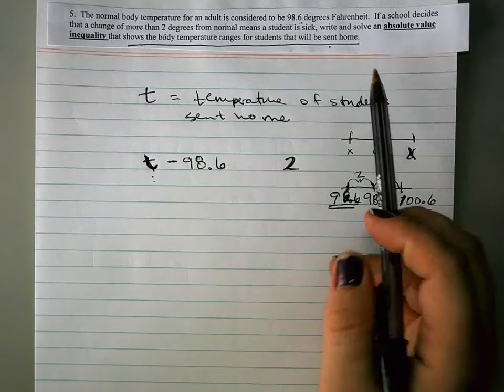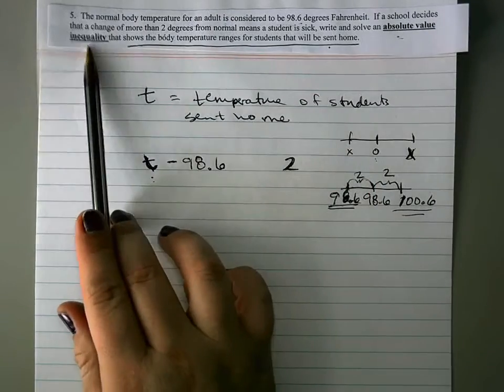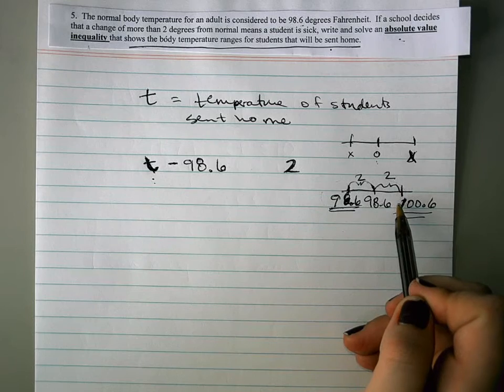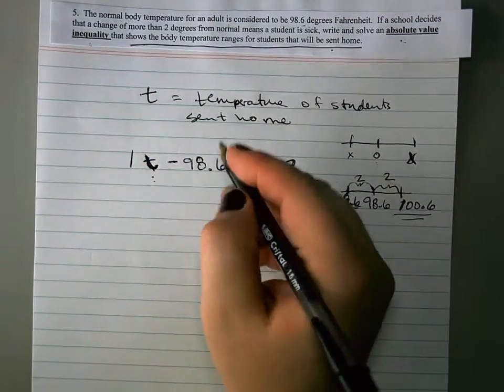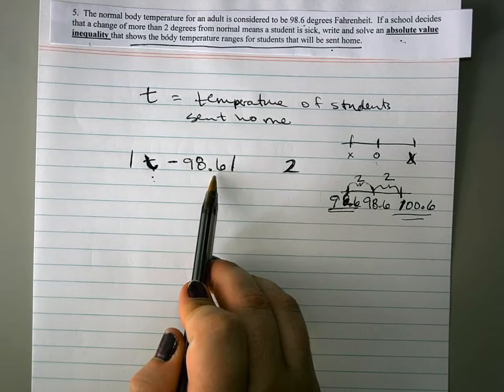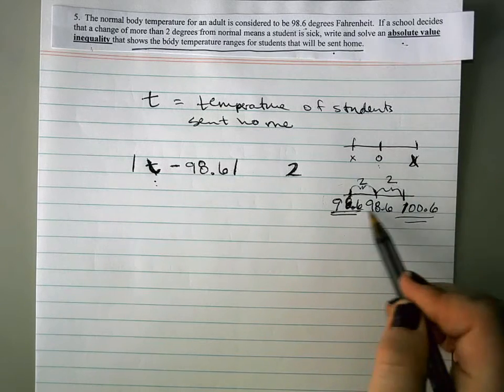But see, we can't get away with that because we have the absolute value inequality. And we want to make sense of this in terms of absolute value. So any temperature has to have a distance to 98.6 that is going to be outside of this range.